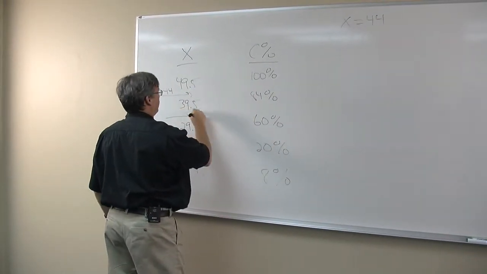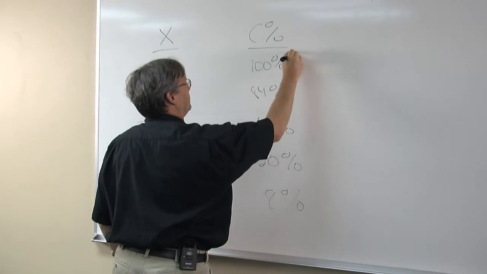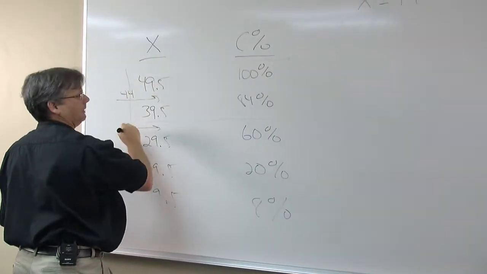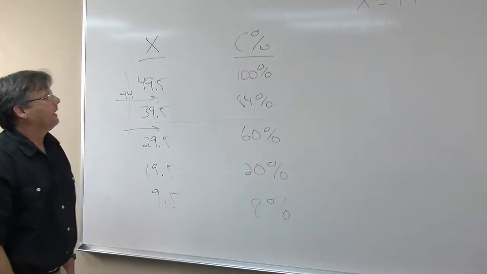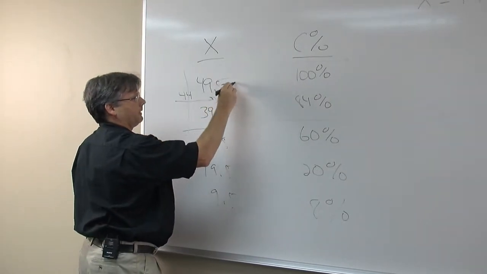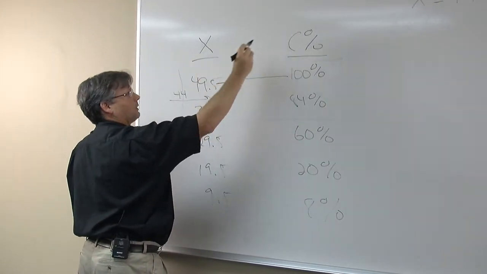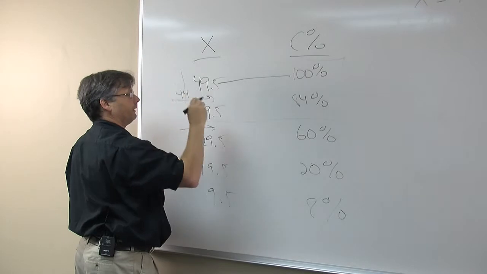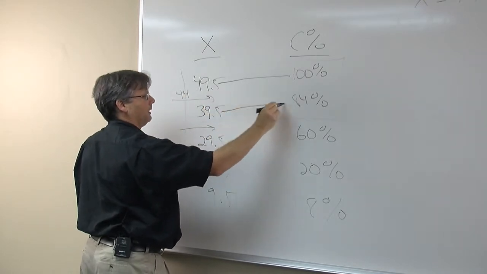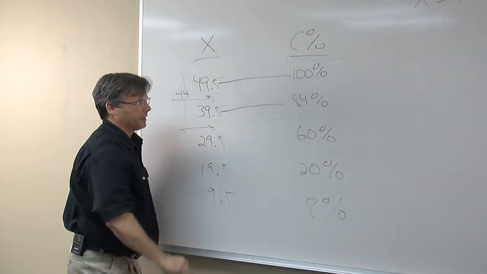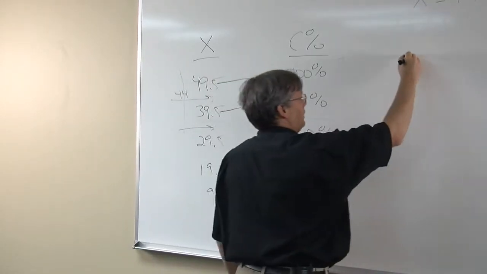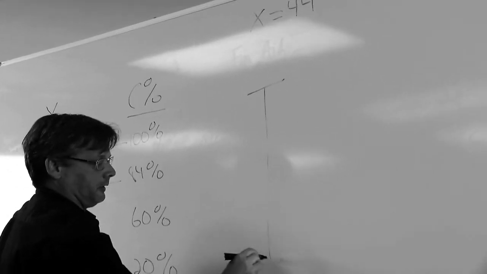Once we've done that, we can connect up the top and bottom of both the x-score and cumulative percentage values and the bottom portion of the x-score and cumulative percentage values, creating an overall picture that looks like this.